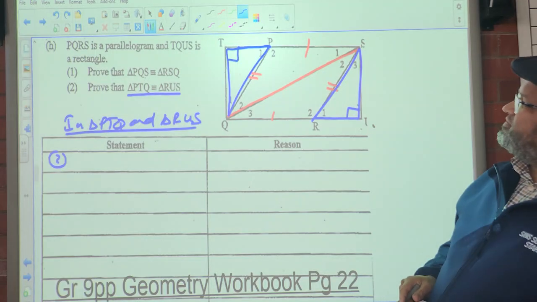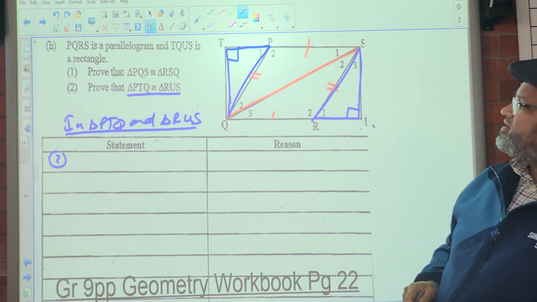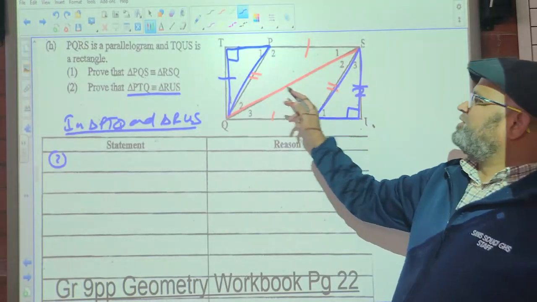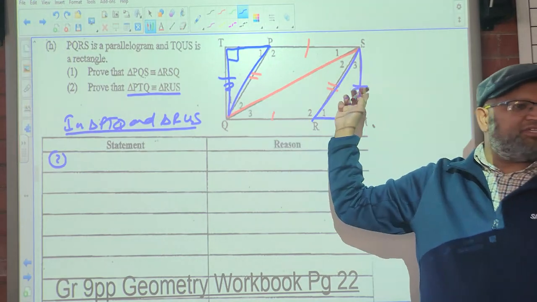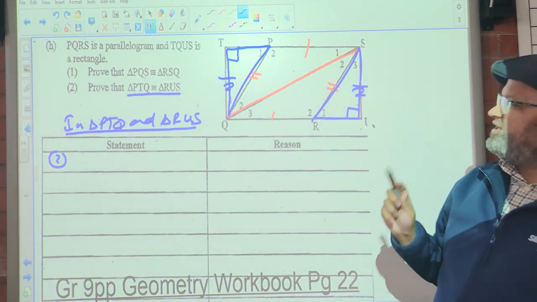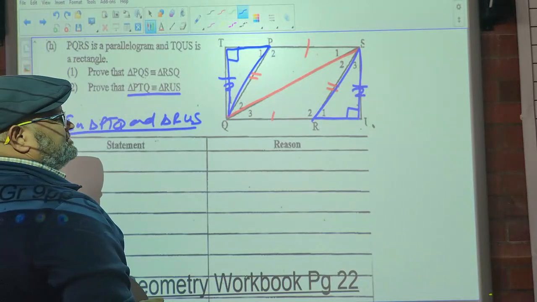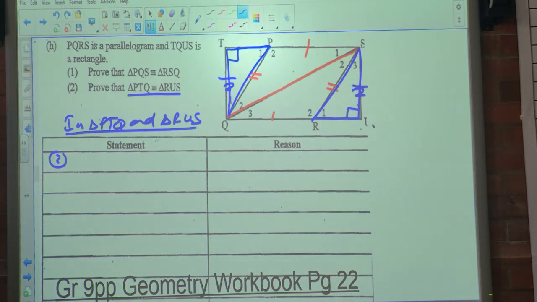What else do we know? We know that this length here is equal to that length, not so. Why? It's a rectangle. Opposite sides are equal in the rectangle. We need one more, either side or angle.